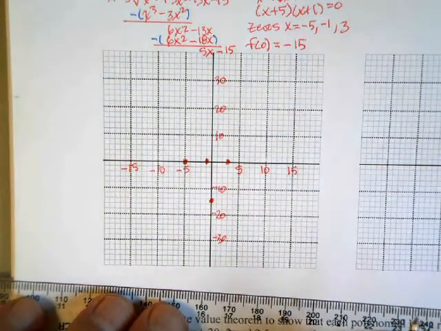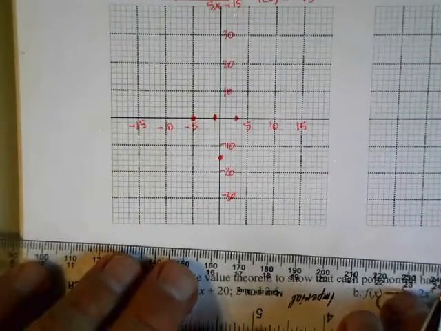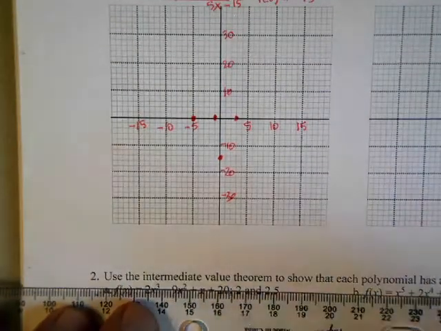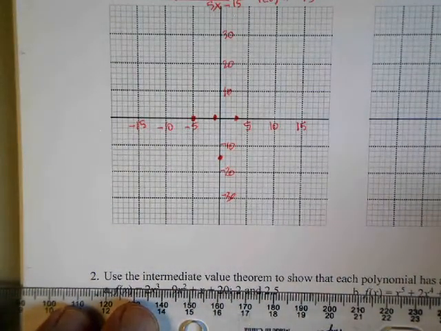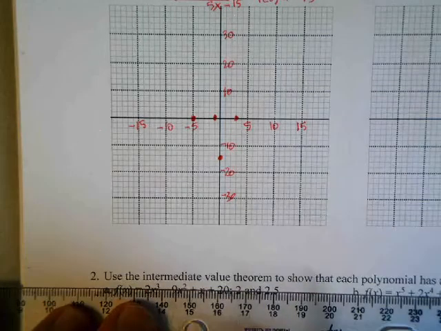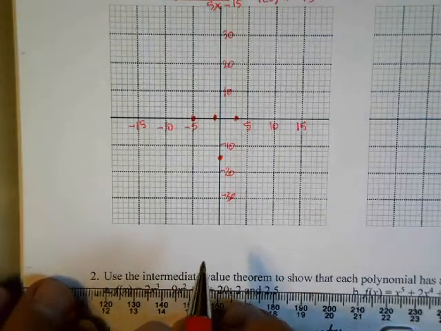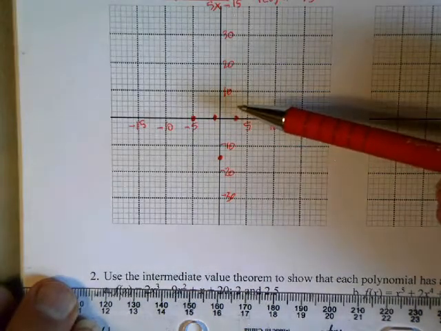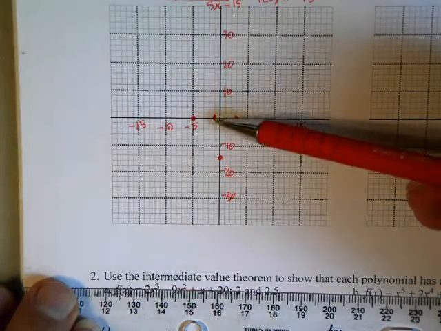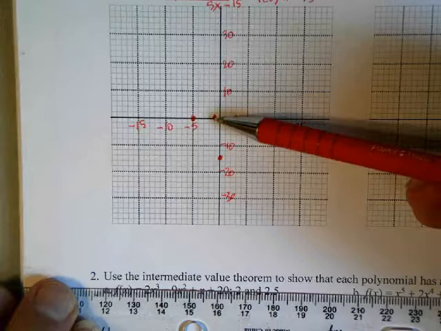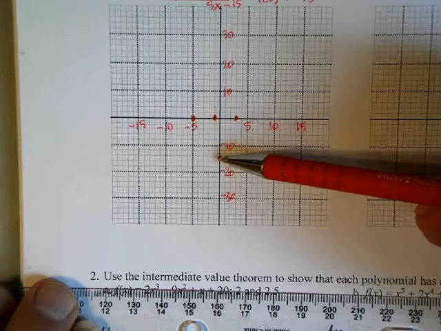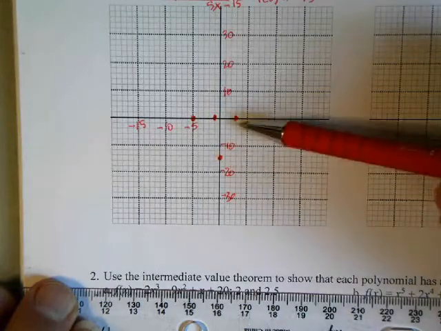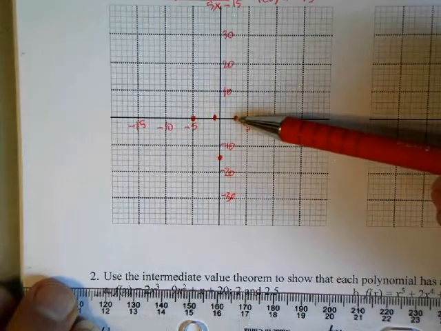Now, I'm going to do just a couple more points to see what the graph is doing. So first off, I know that the graph is here at -1, here at 0 for the x's, and then this is at 3. So let's go ahead and try an f of 1.